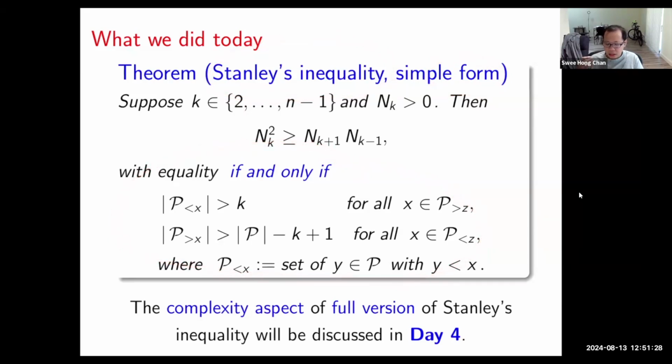On day 4, Igor will discuss not the simple form but the generalized form, the full version of Stanley's inequality, and he will discuss how you can use the equality condition and complexity theory to show that in a way there is no easy combinatorial proof for Stanley's inequality. That is one of the things Igor will do on day 4.